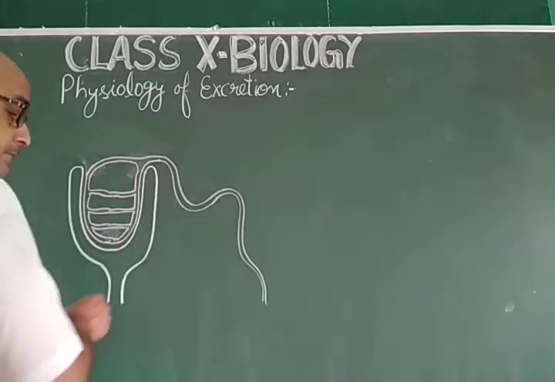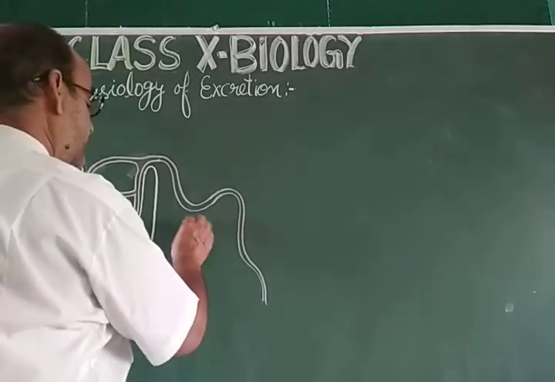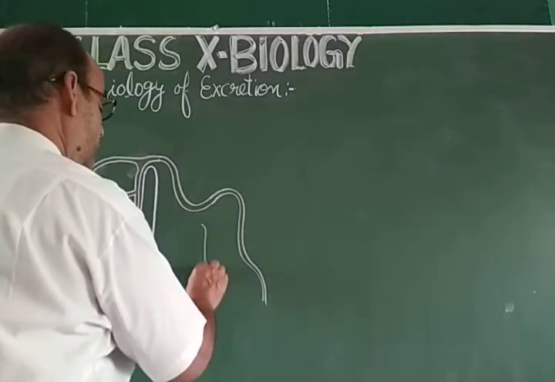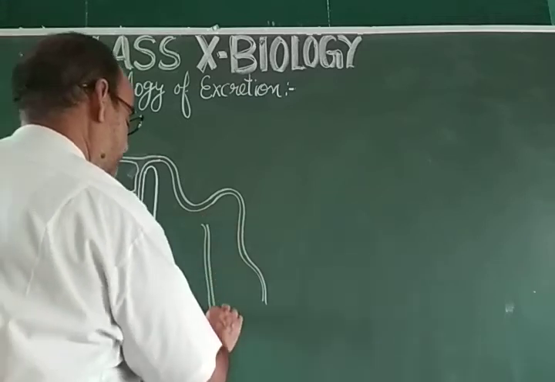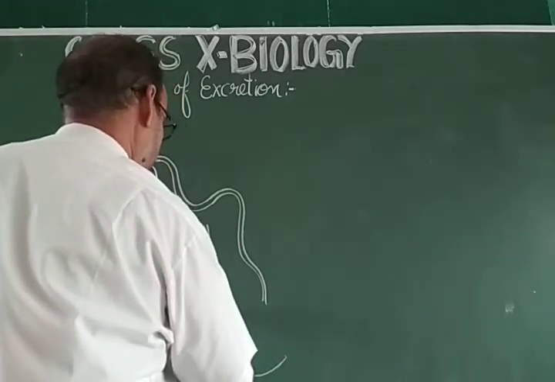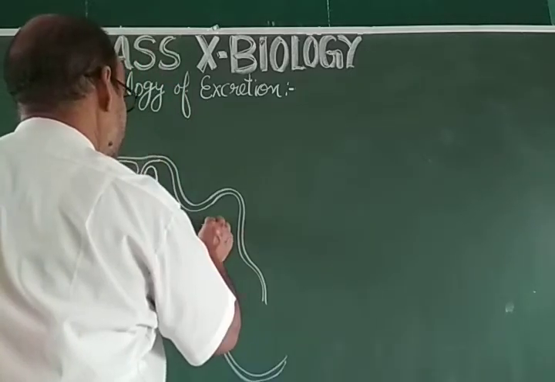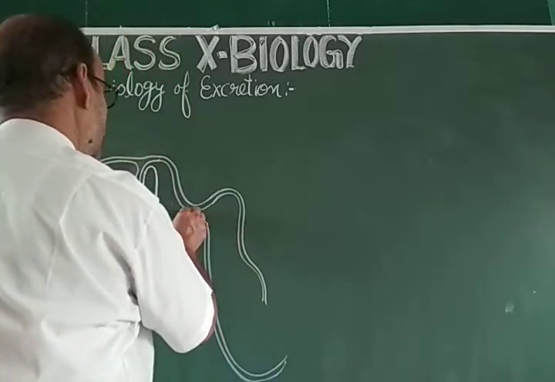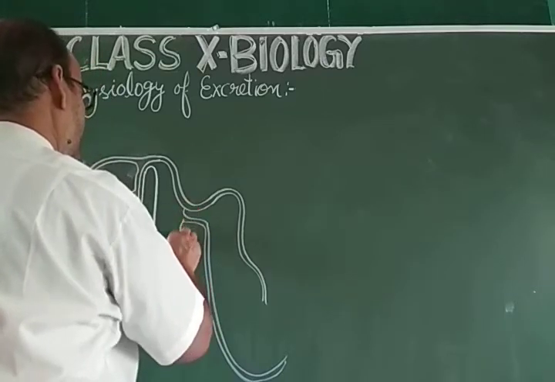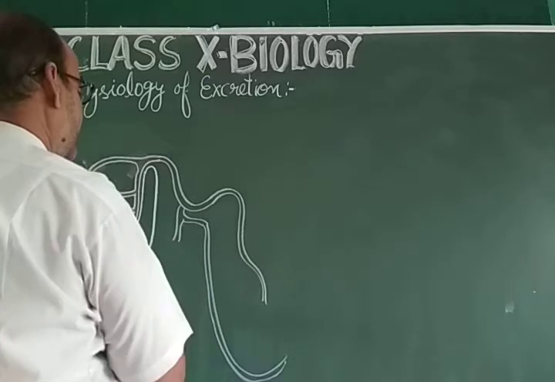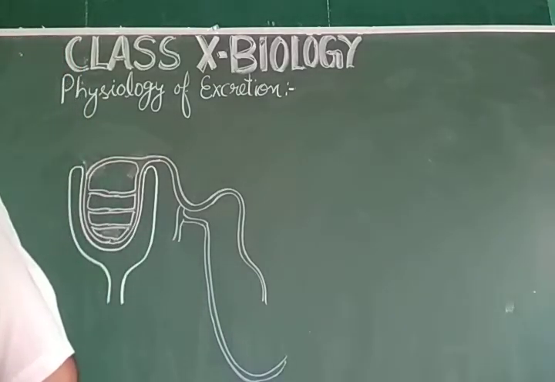Not only this, there is a supply of the veins also, and these veins form a U-shaped tubular-like structure. So you can say this is the afferent and this is the efferent.